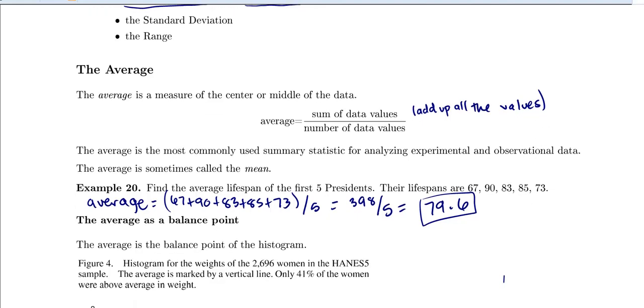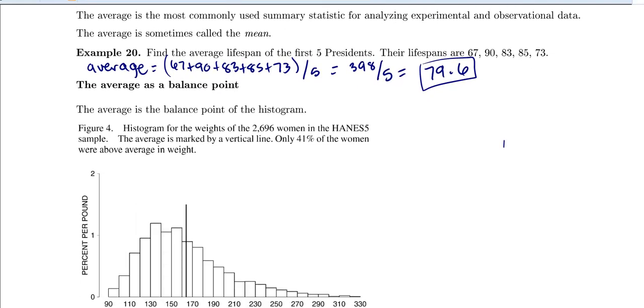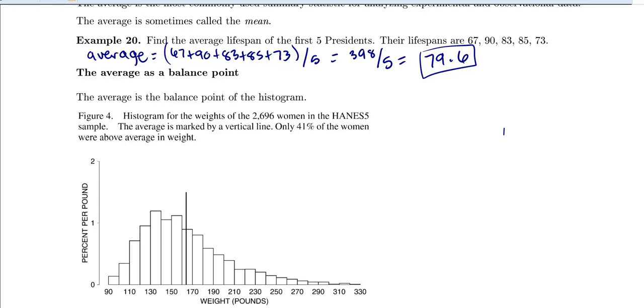If you're a visual person, it might help to think of the average as the balance point. The average will always be the balance point of the histogram. So the histogram for the weights of about 2,700 women in our sample, the average is marked by a vertical line. So here's our vertical line. So that's the average. That's kind of our tipping point.